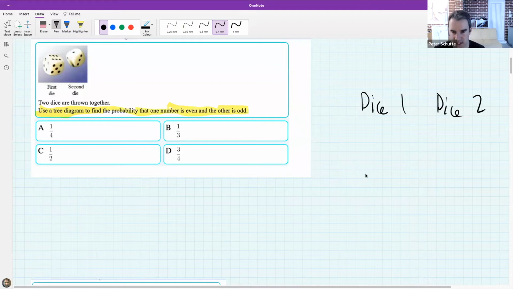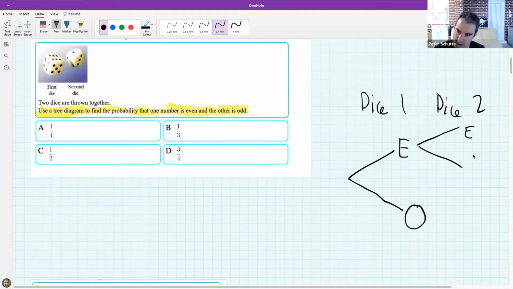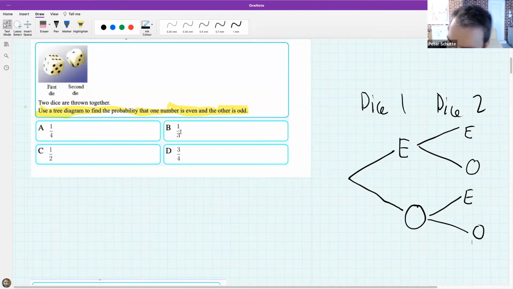So you're interested in knowing what is the probability of getting an even number on the roll of the dice? What's the probability of getting an odd? But then you have a second dice, which you're also interested in knowing about, whether it's even or odd. I want you to try and write in the probabilities for each branch and then try and answer this question using some of the thinking that I've showed you so far.